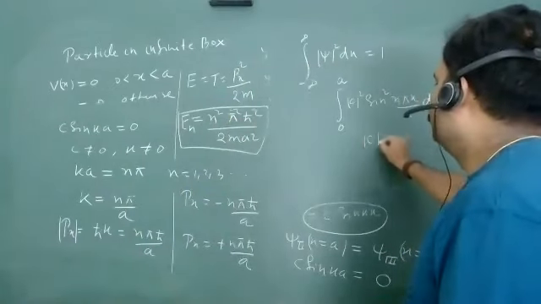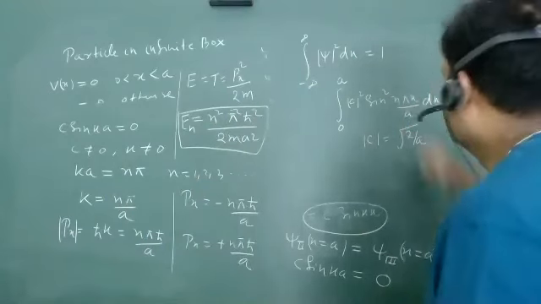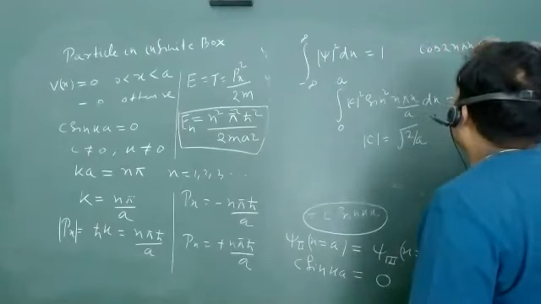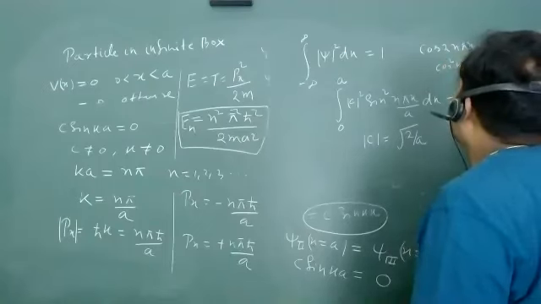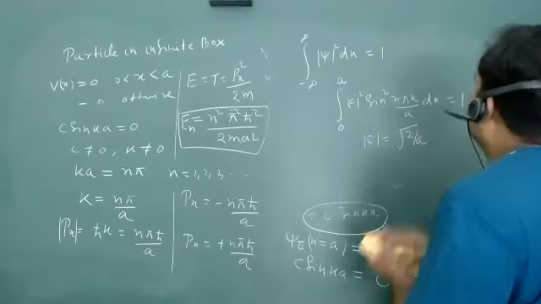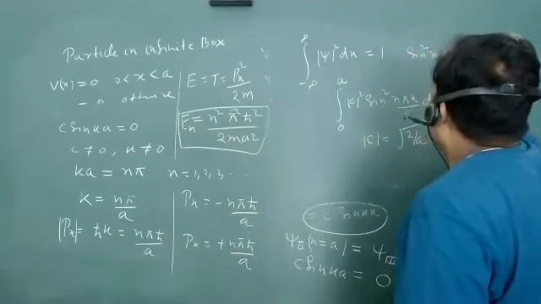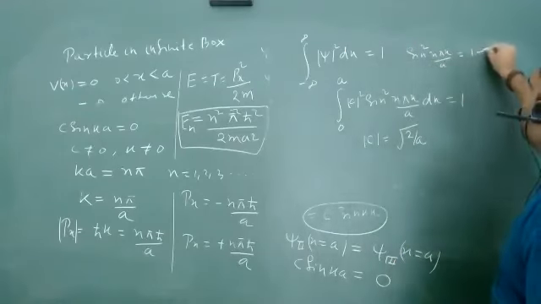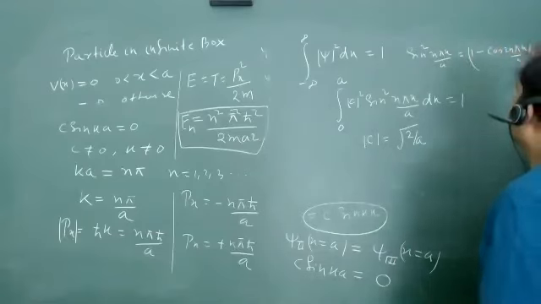You can use this formula: sine square nπx upon a is equal to 1 minus cos 2nπx upon a, and half.